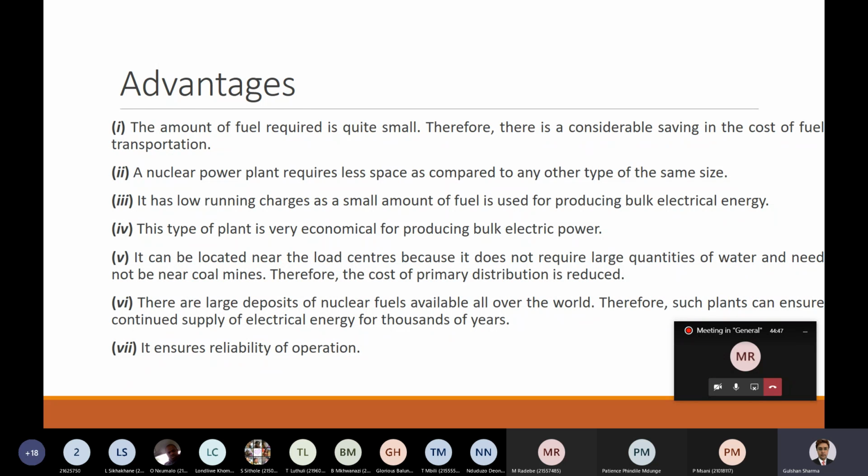Okay, but then also we will see how nuclear power plants are much better in terms of the running as well as the installation in comparison to thermal power plants. First thing is that the amount of fuel required is very small, because in a thermal power plant every day you have to burn thousands of tons of coal to generate high temperature steam.